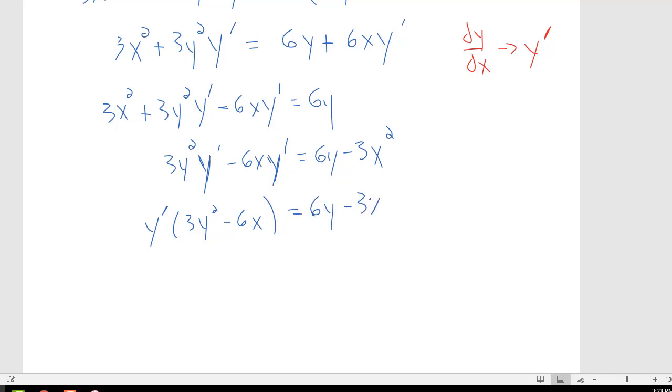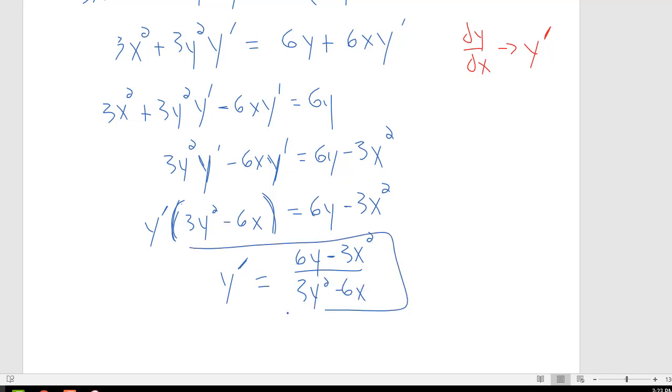And then the advantage of factoring the y prime term out is now I can isolate it, right? So y prime is multiplied by this thing, this factor, and I'm going to divide this factor over to the other side. So I'm going to have 6y minus 3x squared over 3y squared minus 6x.